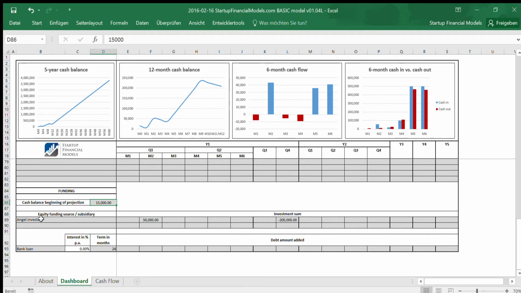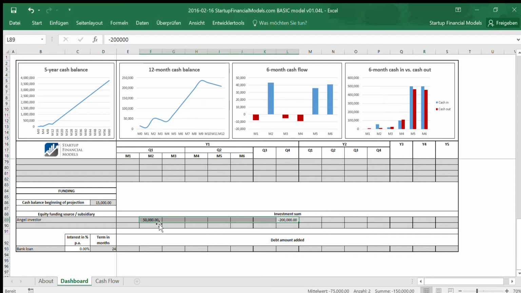And then we go over to outside investments like equity investors, like angel investors or bank loans. And here we see we've put in 50,000 as an angel investment in month 2 that we repay at the end of year 1 at 4 times the initial investment money.